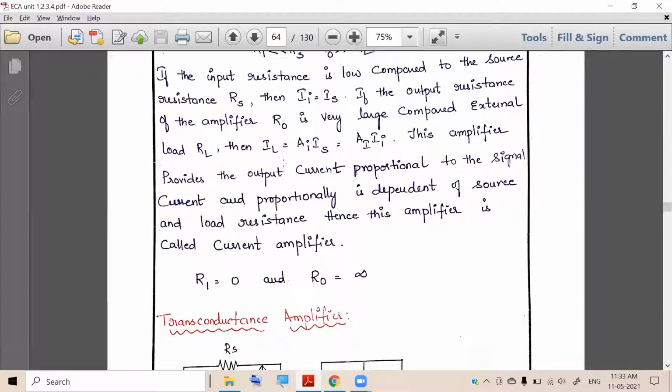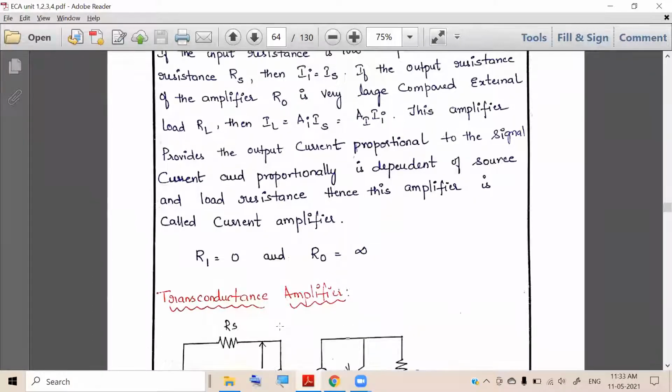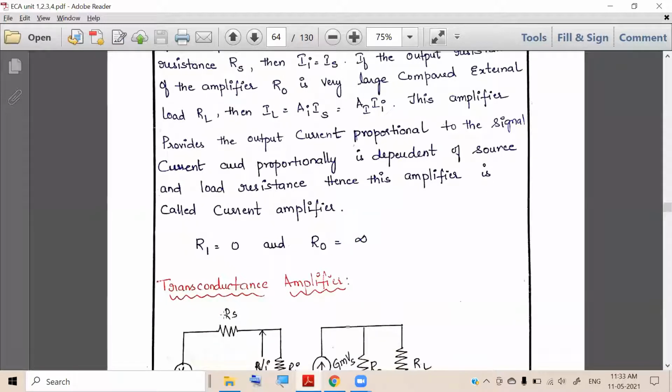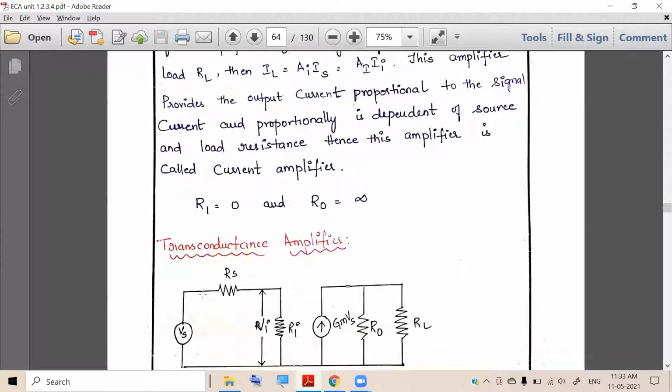Transconductance amplifier. Gain is output by input. Now here, conductance is current by voltage.